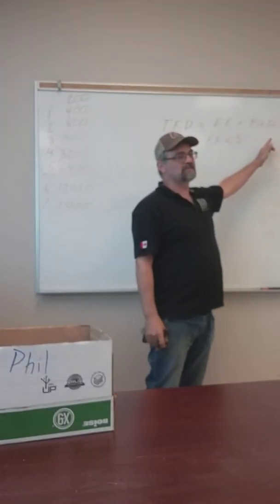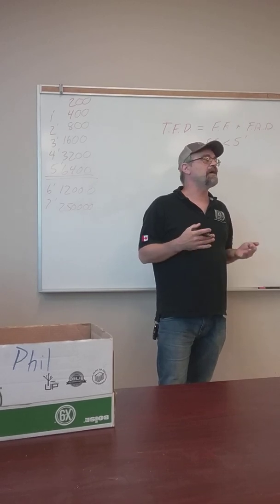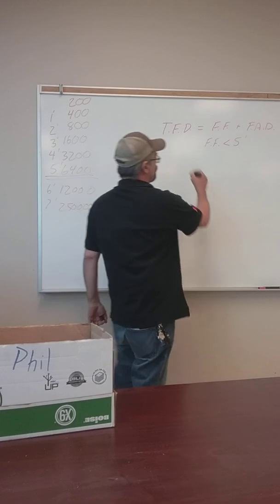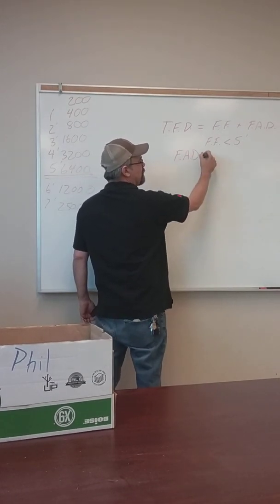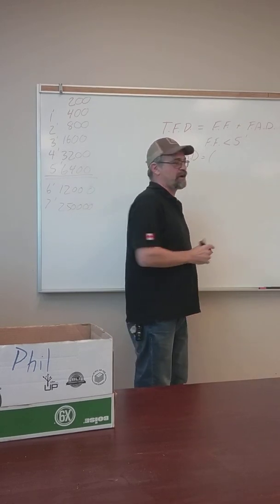The fall arrest distance, depending on the system you're using, can be made up of as many as 3 major parts. Fall arrest distance can be made up of, and this one's a constant, harness stretch.